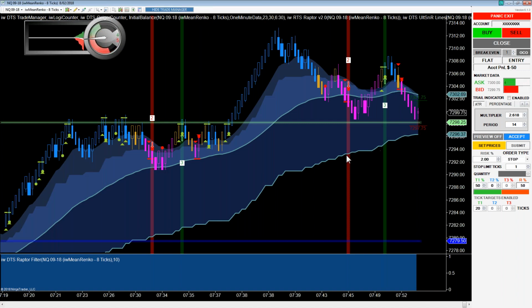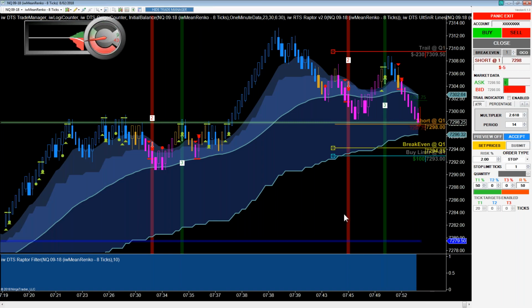It looks like we're going to get back down here to the hard edge now. I may try to hop on, see if the market will get just a little bit lower, if perhaps it tries to get back down here. But we seem to be quite content around 7,300 for the most part.